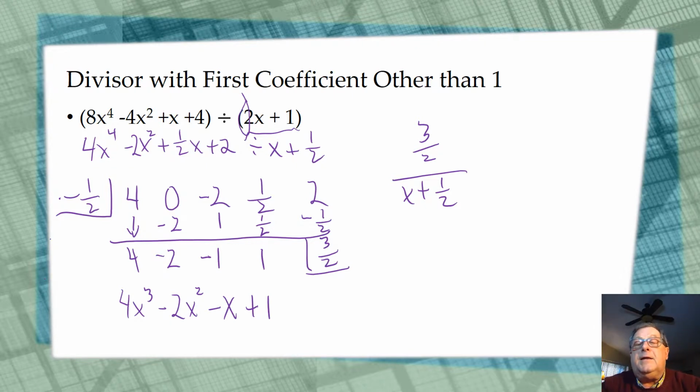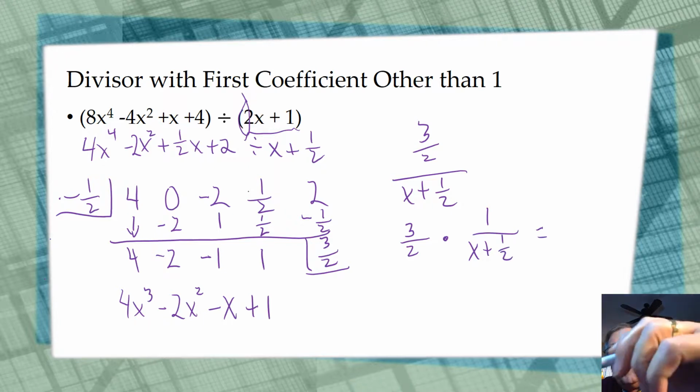But I can't leave it like that. So I've got to take this 3/2 and divide it by x plus 1/2, which is the same as multiplying by 1 over x plus 1/2. So we've got 3 over 2 times 1 over x plus 1/2. And that's going to equal 3 times 1 is 3.